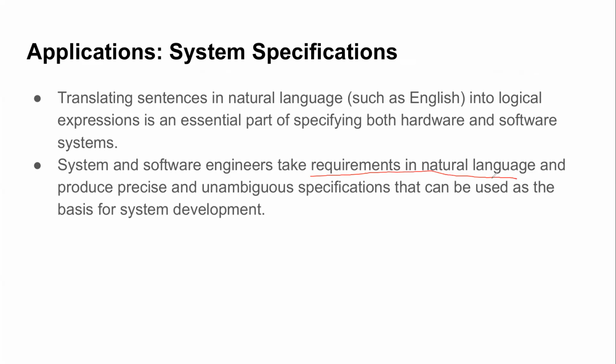So once you get your requirements in natural language, before you start your software development cycle, the first stage is always involving logic. Whatever requirements you have got in natural language are first translated into logic expressions so that you can start your development.